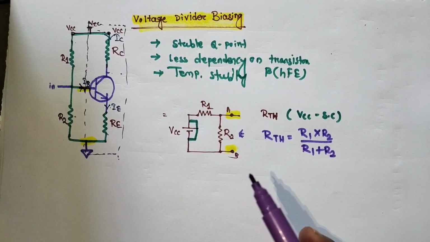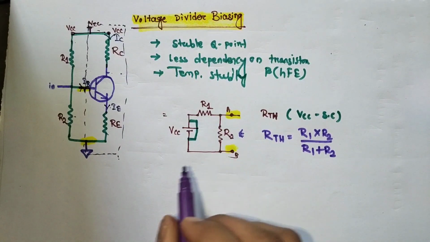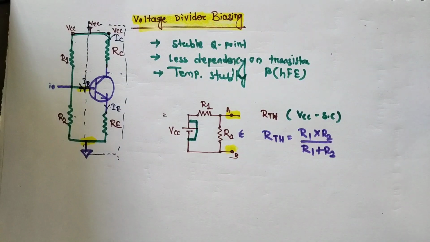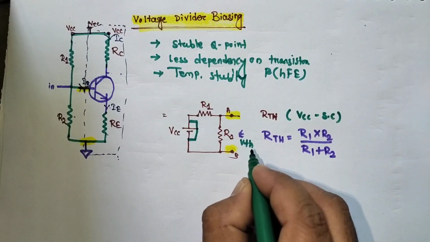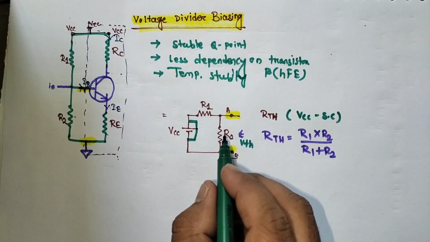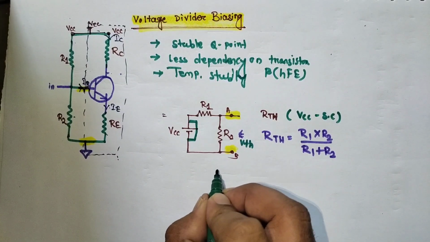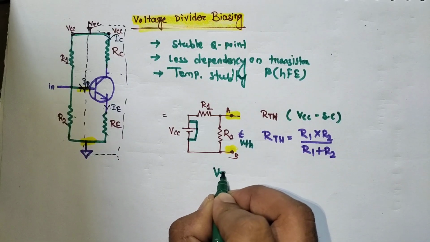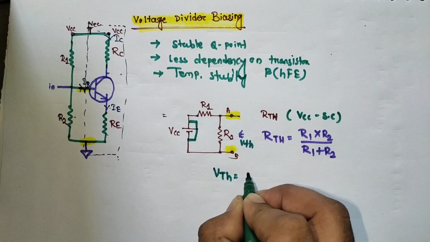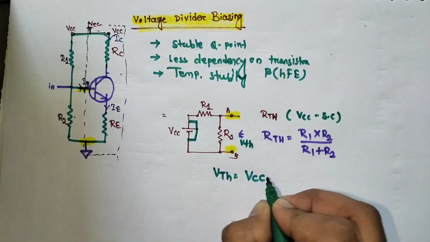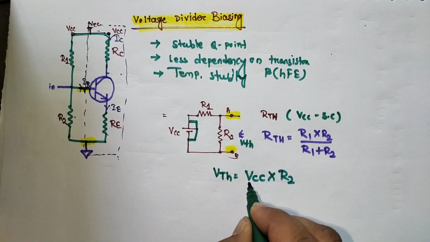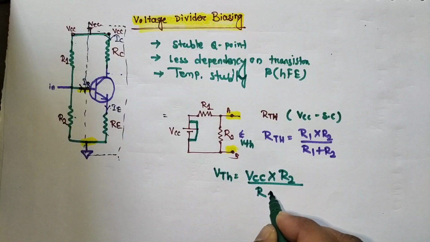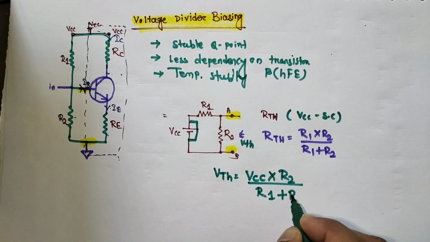Then for the VTH, VTH is the voltage drop across R2. So VTH equals VCC into R2 divided by R1 plus R2.